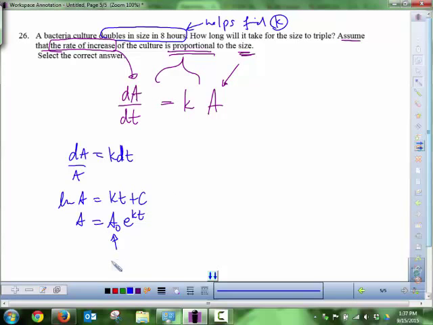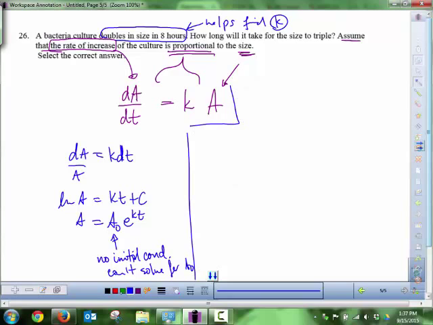It would be nice if we could solve for this, but because there's no initial condition, we can't solve for A naught. So hopefully we don't need that actual value when we work things out.